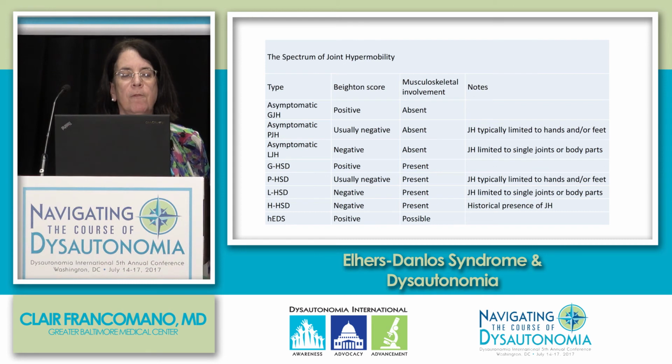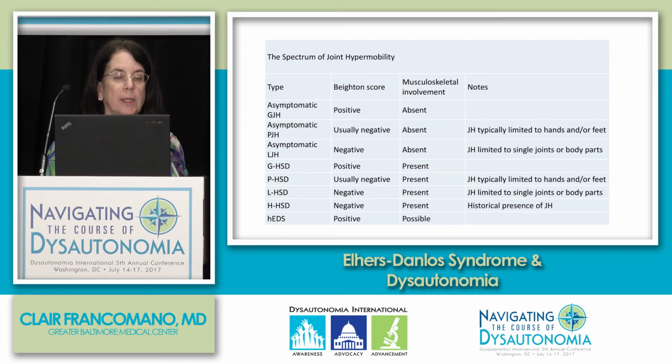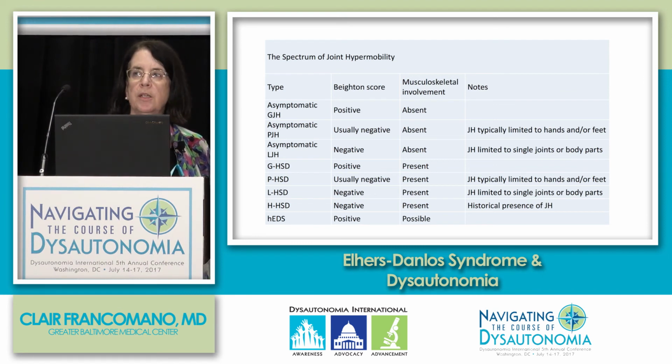Or you might have limited joint hypermobility, where the joint hypermobility is limited to single joints or body parts. So those can be asymptomatic, or they may be symptomatic: generalized hypermobility spectrum disorder, peripheral hypermobility spectrum disorder, or limited hypermobility spectrum disorder. Or you might have hypermobility spectrum disorder based on the history.